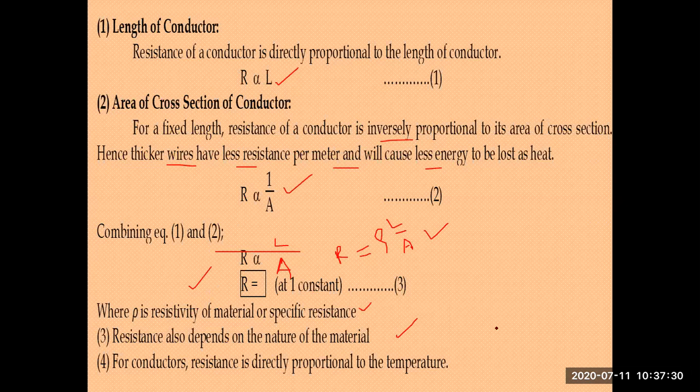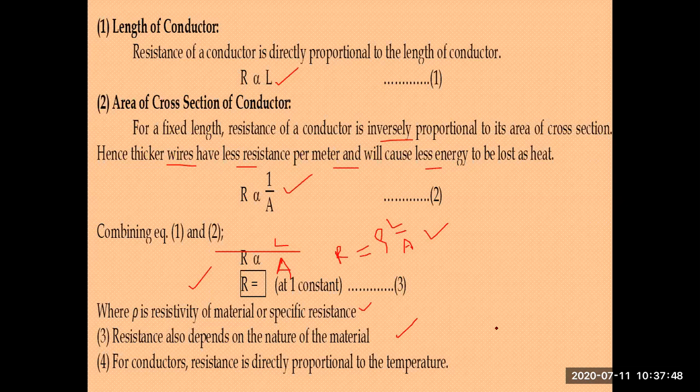Above we have discussed resistance is directly proportional to length. More is the length, more will be the resistance. For area of cross section, less is the area of cross section, more will be the resistance, because energy loss will be more.